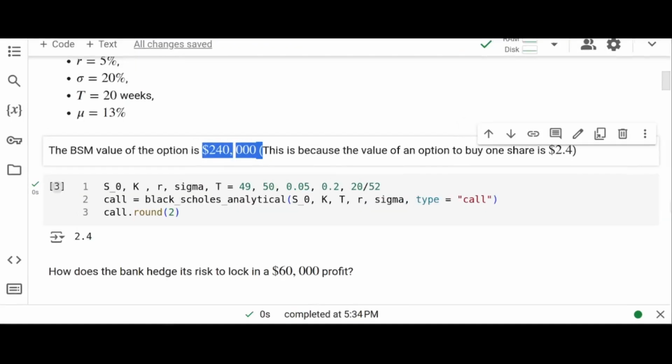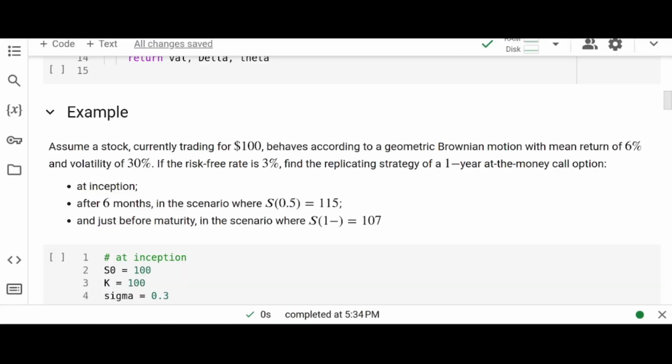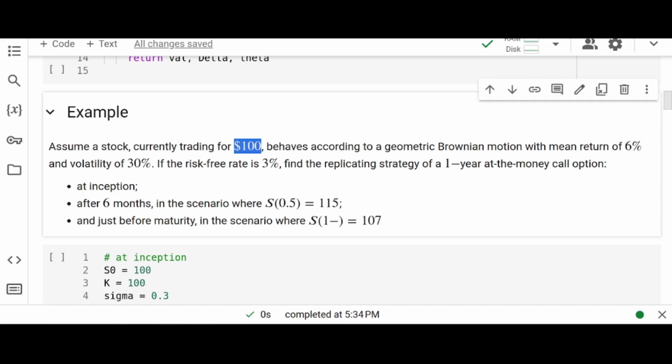Now we'll see an example. Assume a stock currently trading at this amount behaves according to geometric Brownian motion with a mean return of 6% and the volatility is 30%. And the risk-free interest rate is just 3%.